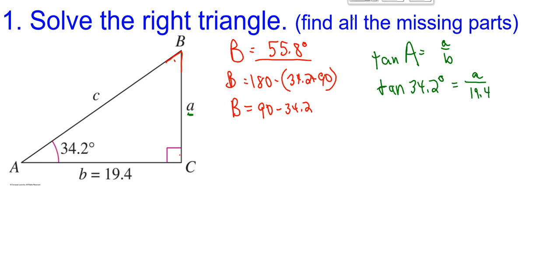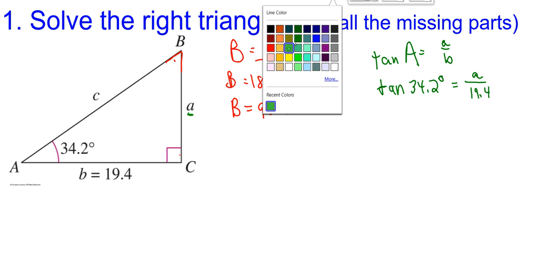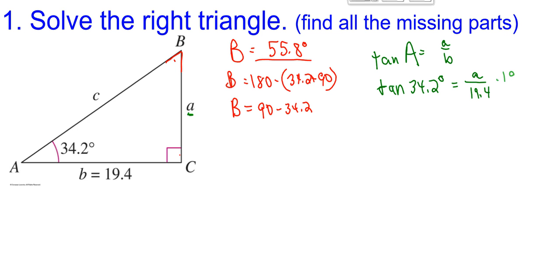Pretty straightforward to then multiply both sides by 19.4, and then we get 19.4 tangent 34.2 degrees is equal to a. When we get that approximation, a is approximately 13.2.